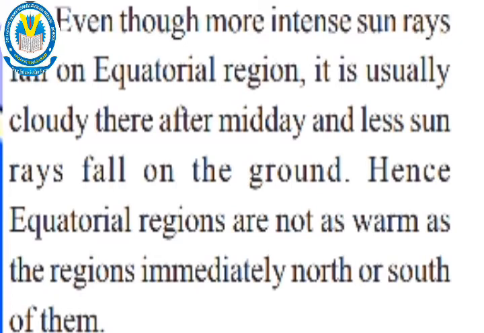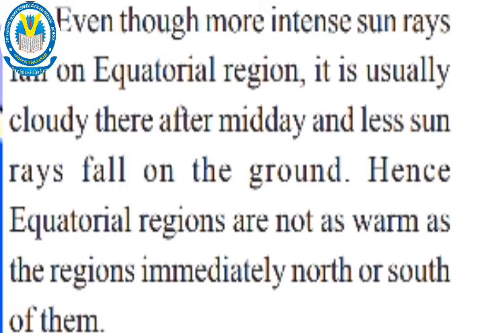Even though more intense sun rays fall on the equatorial region, it is usually cloudy after midday unless sun rays fall on the ground. Hence, equatorial regions are not as warm as the regions immediately north or south of them. So, here it says that the equatorial regions usually get the more intense sun rays, but then after the midday it will be cloudy.